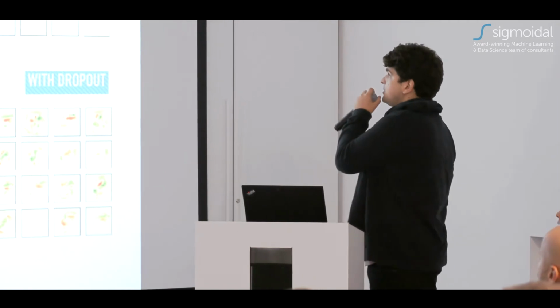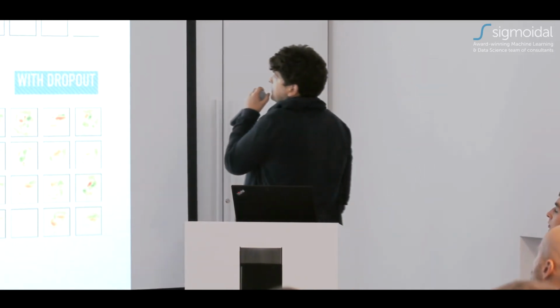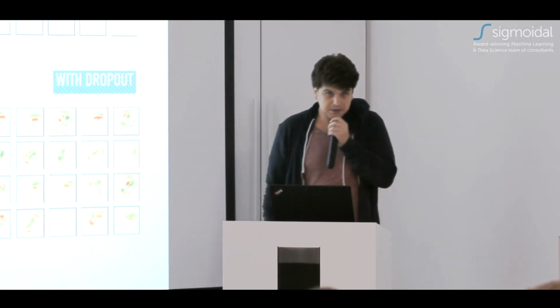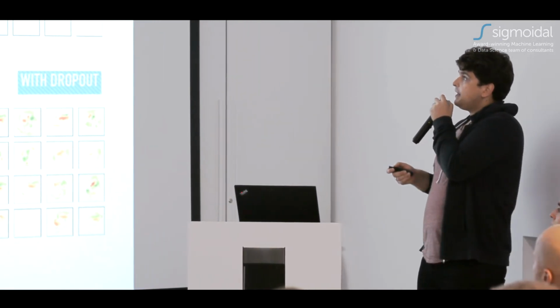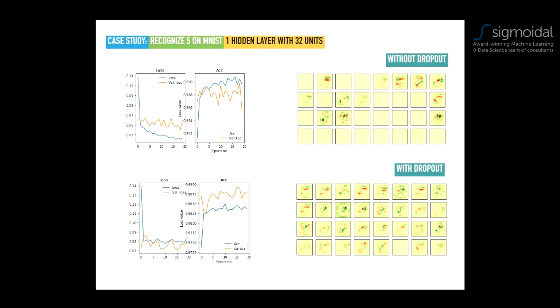Okay, so just to show you an example of how dropout works, I will show you a simple case study where we have a digits data set and we have to recognize 5s. So this is a binary classification problem.